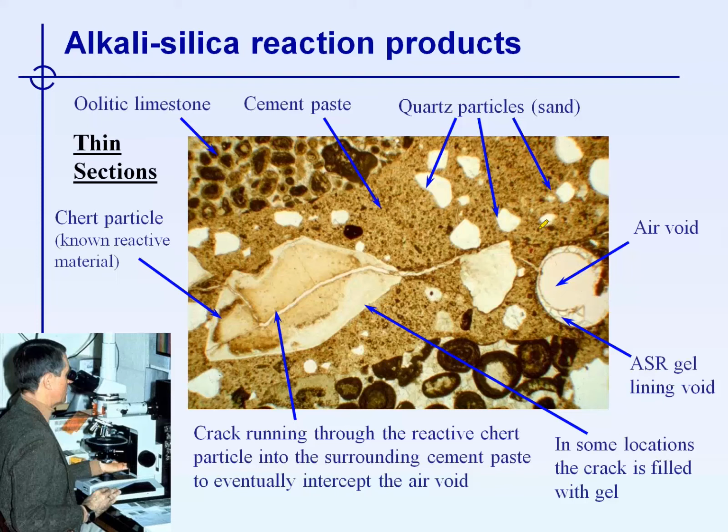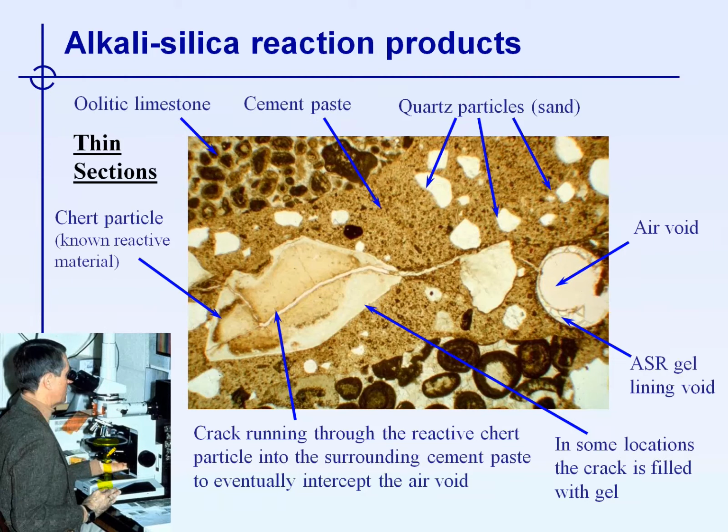Another very important tool that can be used by a petrographer is the use of thin sections. So thin sections will be cut from the concrete core. The thin sections are very, very thin plates of the concrete, about 30 micrometers in thickness. The thin section is placed on the plate here of a petrographic microscope.